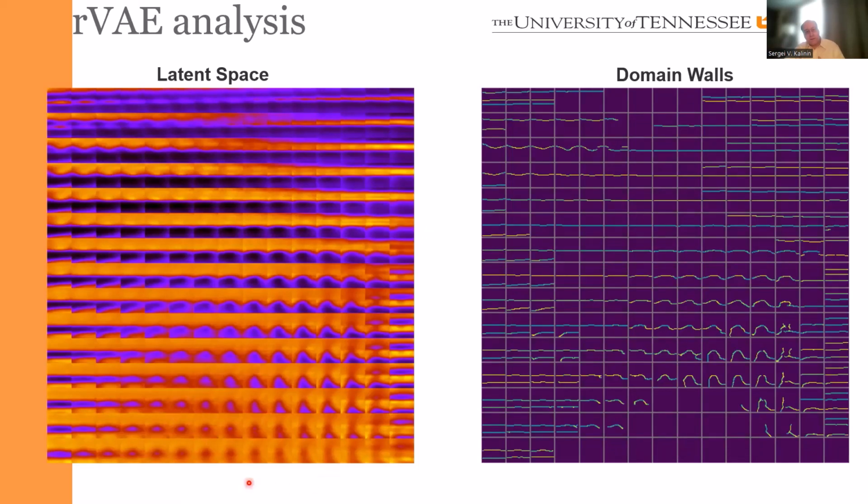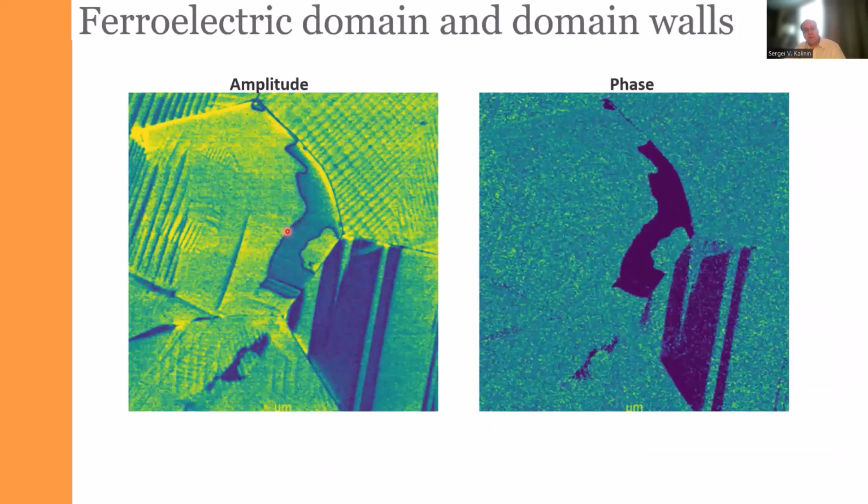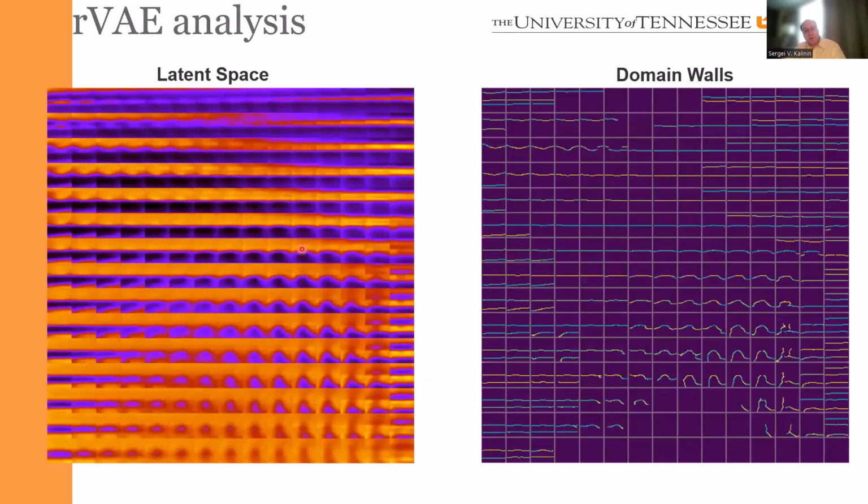Here you clearly see the kind of corners of the domain. And here you see this kind of needle domains that grow when the polarization switches. So this part of the latent space contains the information of these needle domains. This is, for example, the parts of the ferroelectric domain structure that correspond to small domain periodicity.